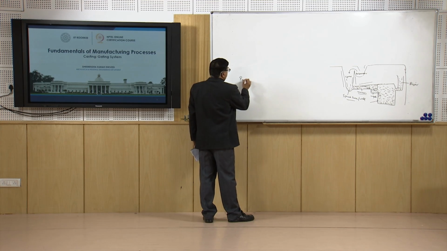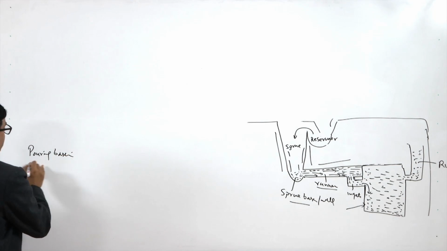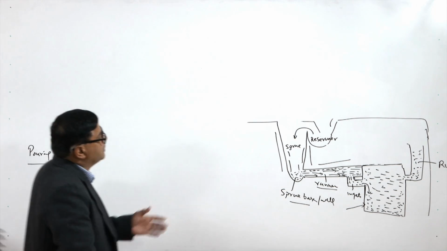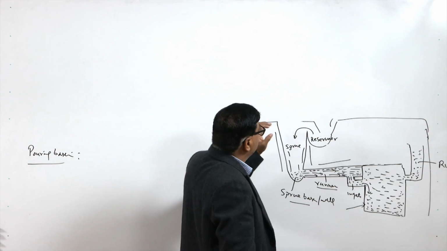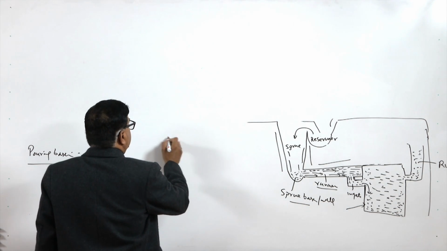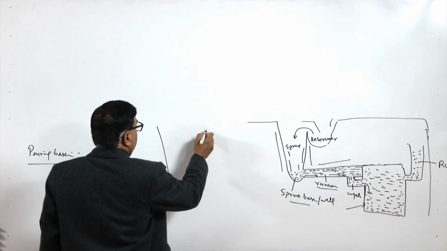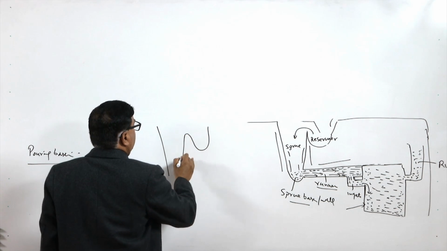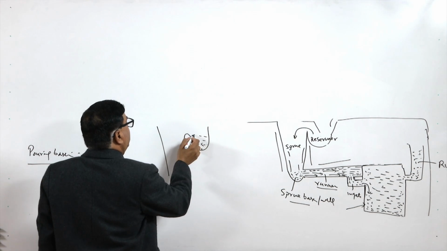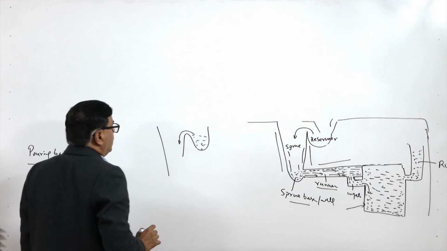First is the pouring basin. As I have said, this is the reservoir of the molten metal which receives the molten metal, and it can be designed in two ways. One is simple, like this. Here the molten metal is there, and then it reaches the sprue.